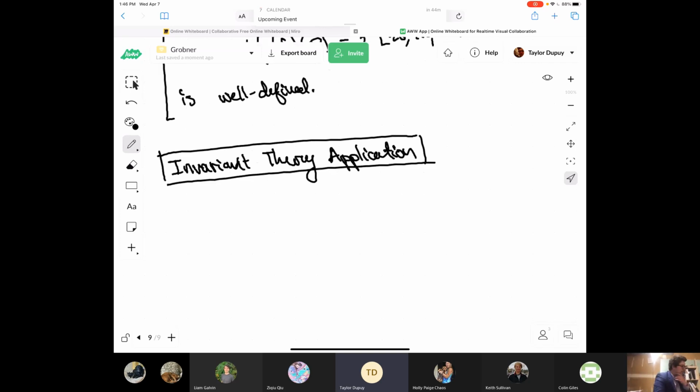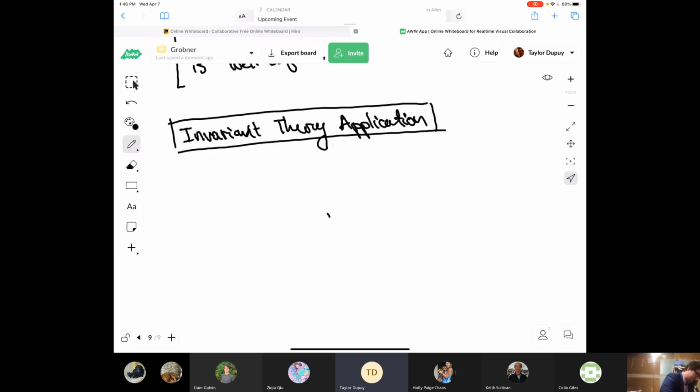Here's what we're going to do. We're going to let A be this ring here, and we're going to have the characteristic of this field be 0. We're going to let G be a subgroup of Sn.